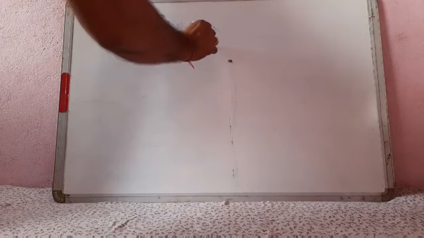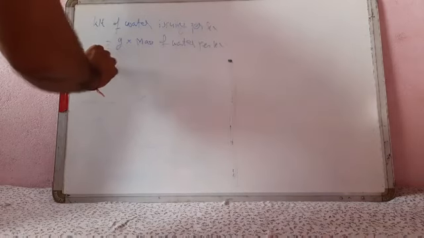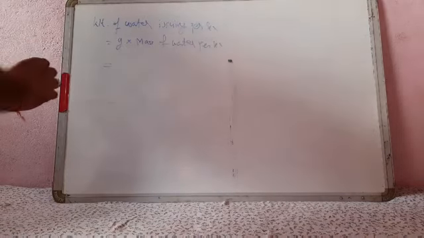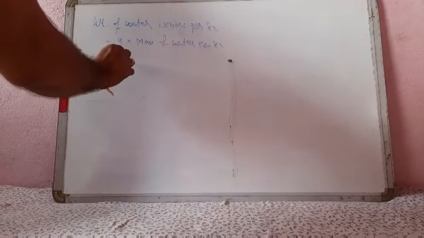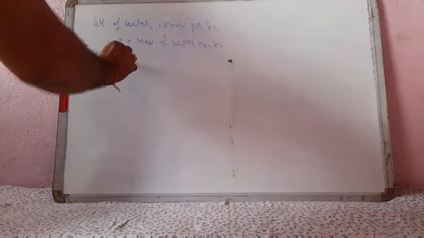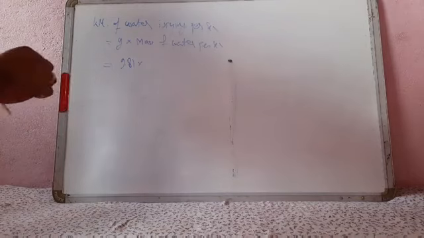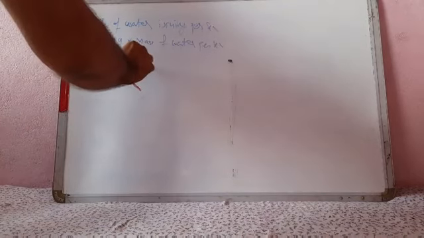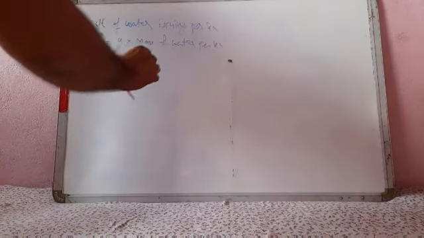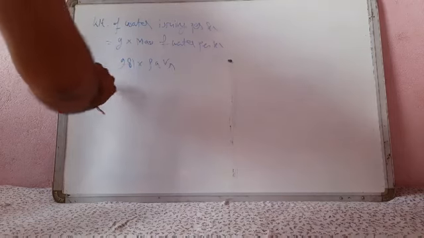The value of g is 9.81 into mass of water striking per second, which is rho A VR.